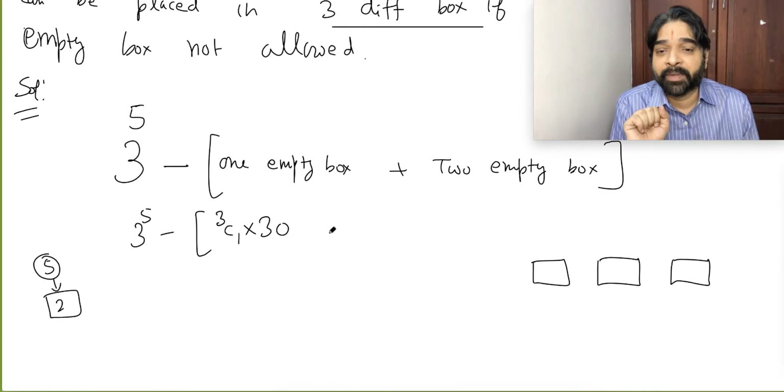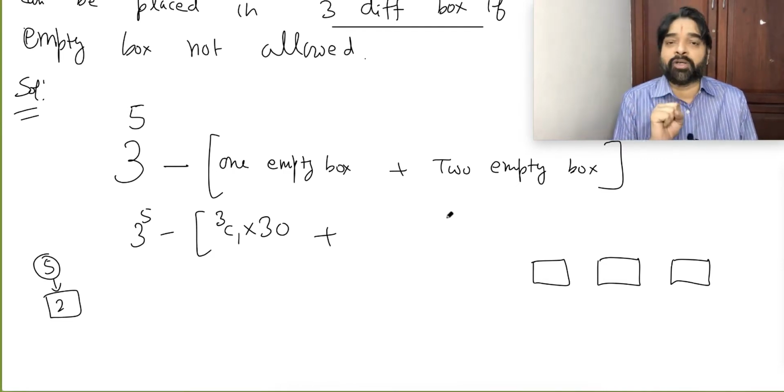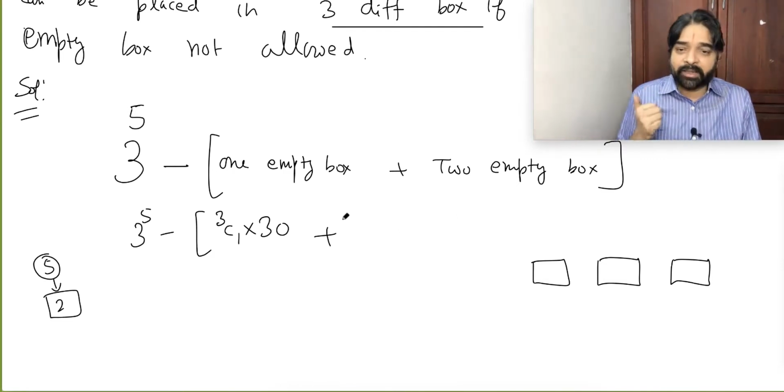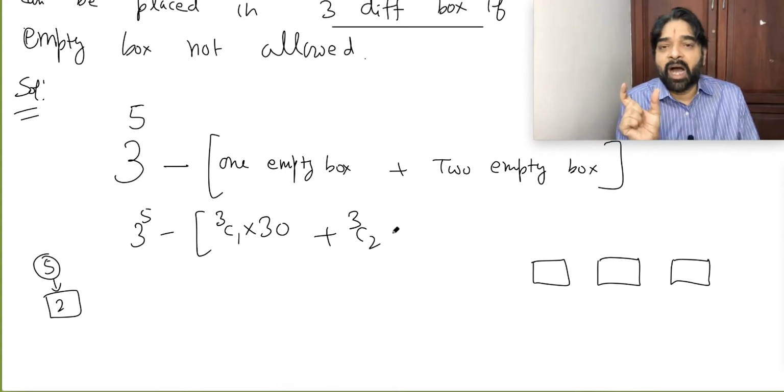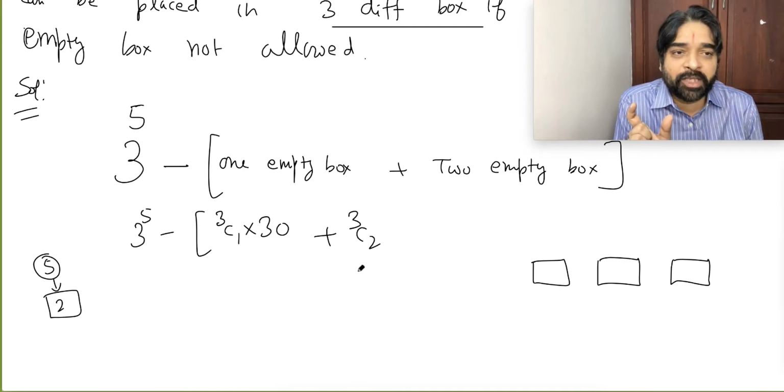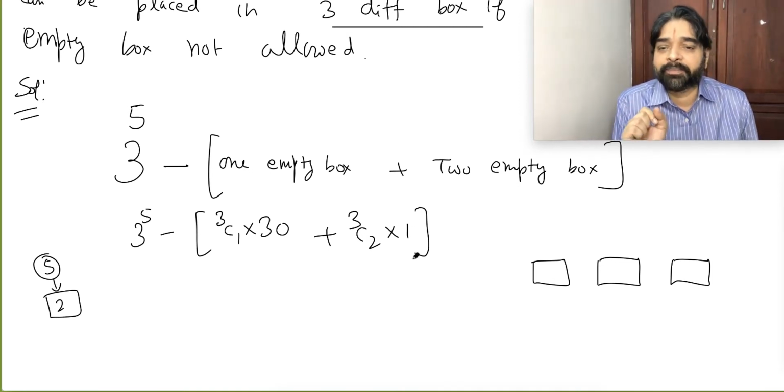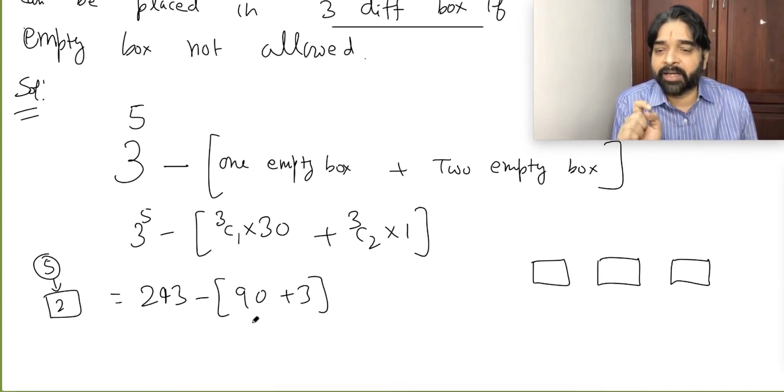Plus 2 empty boxes. 2 empty boxes, select 2 boxes, throw out of the window, 1 box left. All the 5 balls have to come into this 1 box. So into 1. So that will be equal to 243 minus 90 plus 3, or you can say 93, and that will be 150.